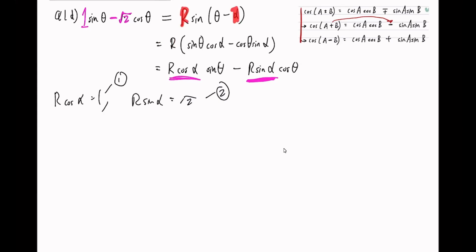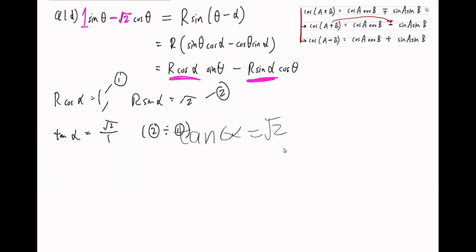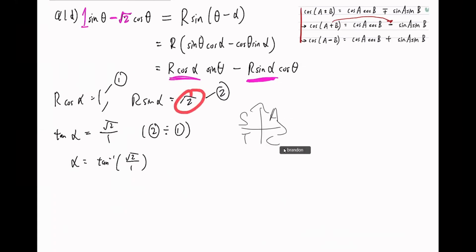So to solve for alpha, tangent alpha equals root 2, equation 2 divided by equation 1. Exactly. Good. And therefore alpha is tangent inverse of square root 2 over 1. Some people like to memorize square root 2 and then 1, then just straight away tangent inverse. Here you don't need ASTC because alpha is always an acute angle, always guaranteed.